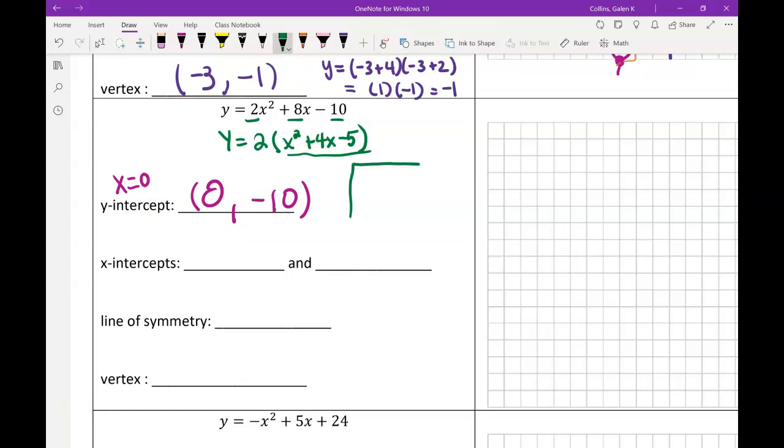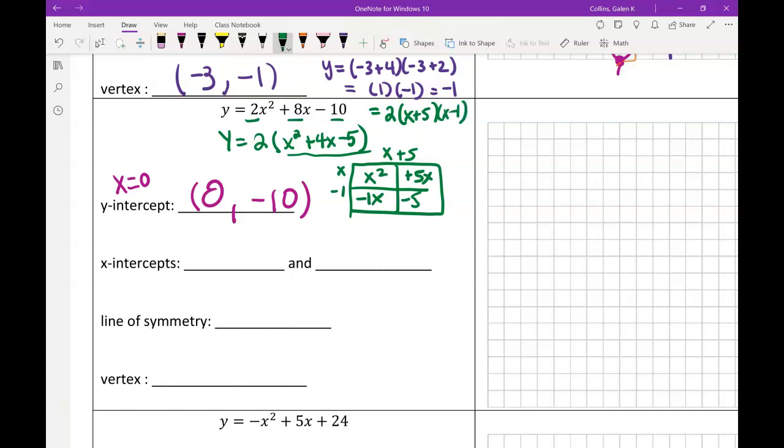So what multiplies to negative 5 and has a sum of positive 4? Well, that's going to have to be positive 5 and negative 1. So we get x plus 5 and x minus 1. So our factored form is, oops, we can't forget our 2. 2 times (x plus 5) times (x minus 1).